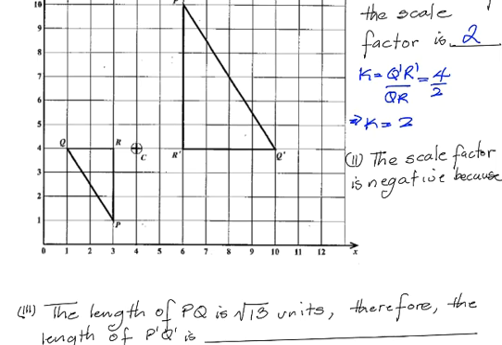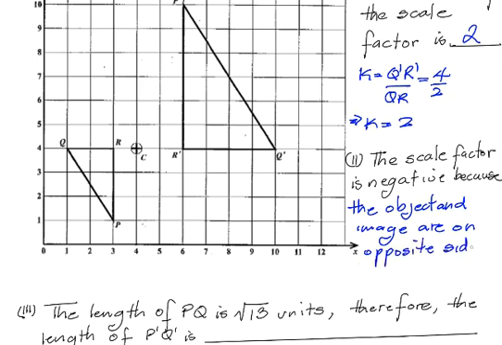The scale factor K is negative because the object and image are on opposite sides of the center of enlargement.